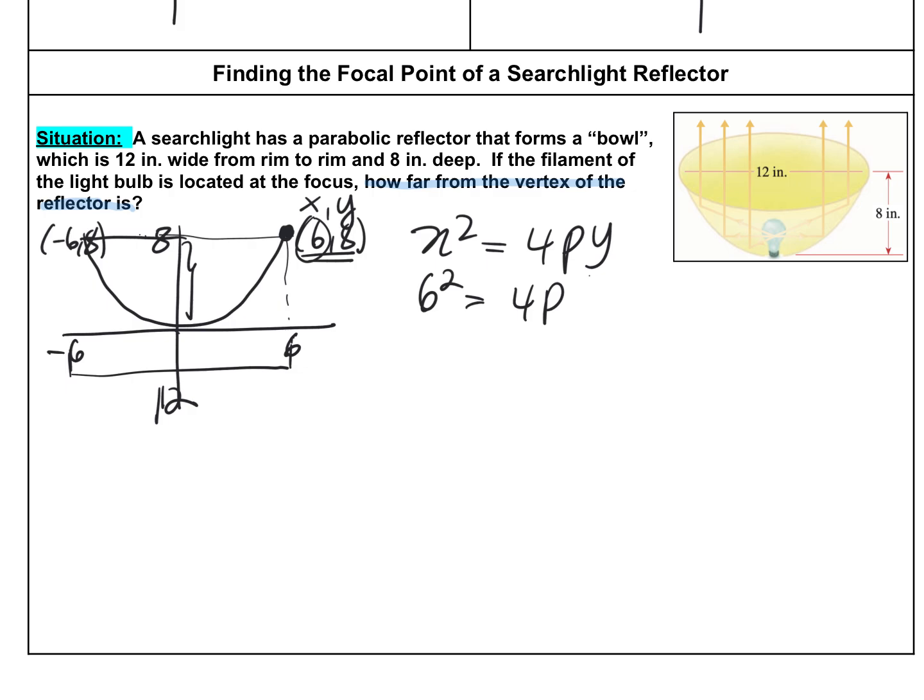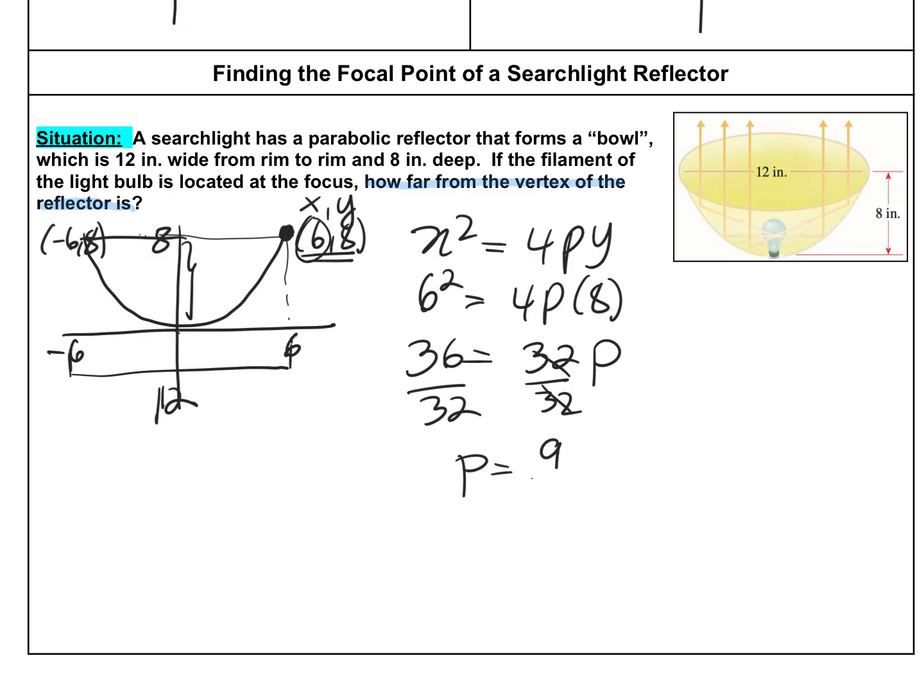I don't know my 4p yet, but I know my y, so this is 36 is equal to 4 times 8, which is 32p. Simplifying this, divided by 32, my p is equal to 9 over 8, which is approximately 1.125.